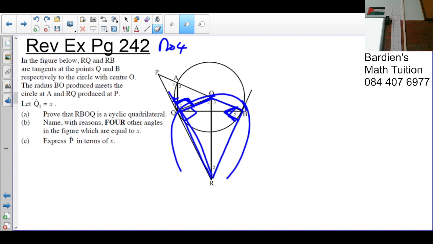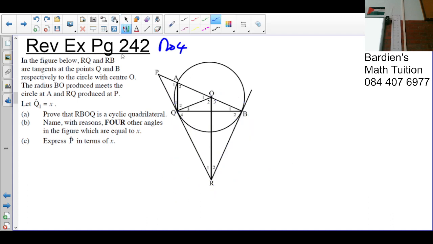Let's go. We're going to firstly say in A that it's going to be 90. So angle OBR, or I could have said angle B1 plus B2 is equal to 90. Why? Radius perpendicular to tangent.